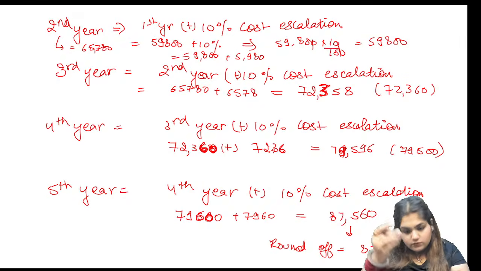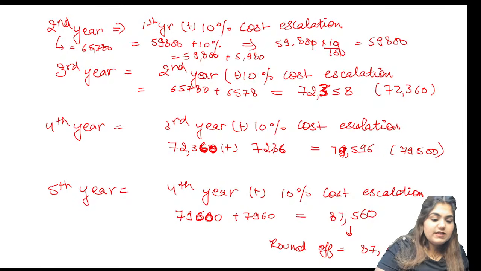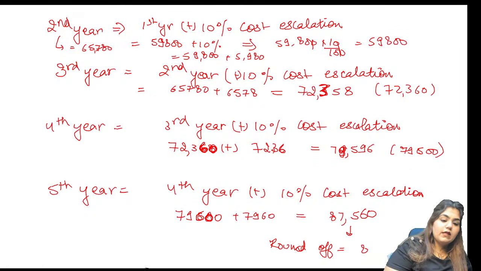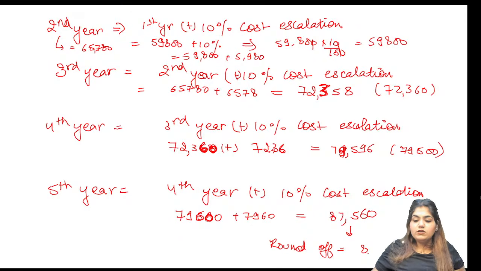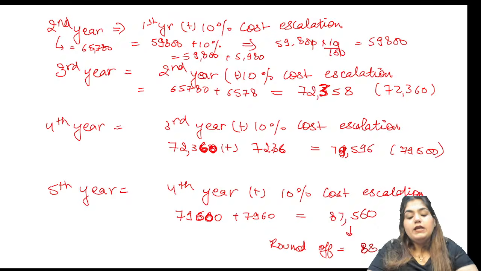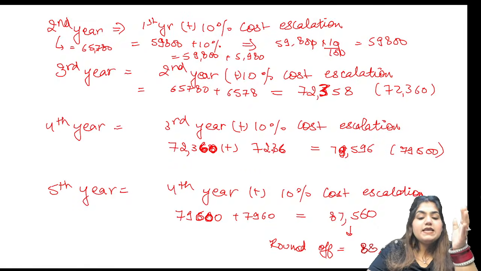Sorry, not 600. Let's round it off to the next possible number. That will be 88,000. क्योंकि 5 units से ऊपर amount, we'll consider it as 88,000 rupees. Till now, anybody has any doubt?